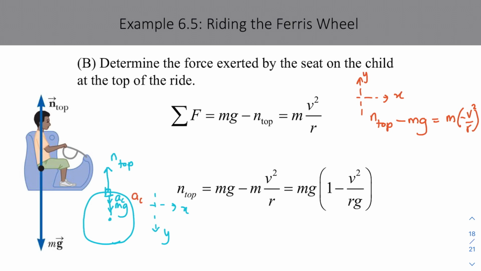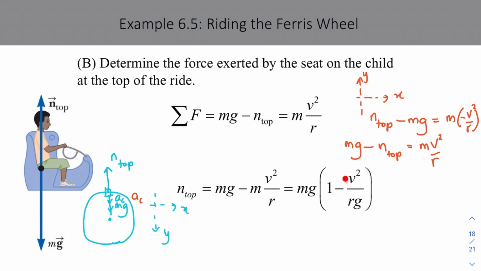If you multiply this equation by negative 1, you have mg minus normal at the top equivalent to mv squared over r. It's the same thing. Then rearrange, putting the normal as our interest, you will have this equation.